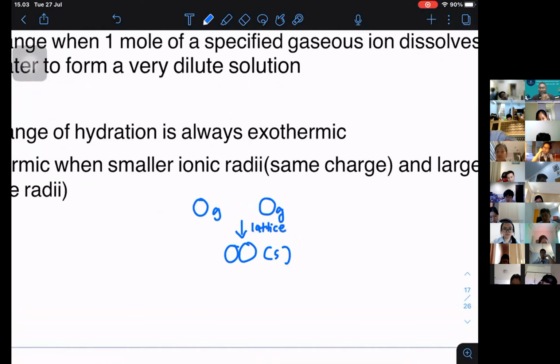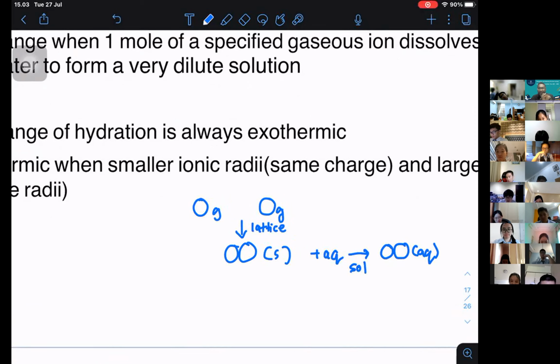Then, as we learned in the first slide, the solid formed when you add water changes into aqueous. That's going to be your solution.